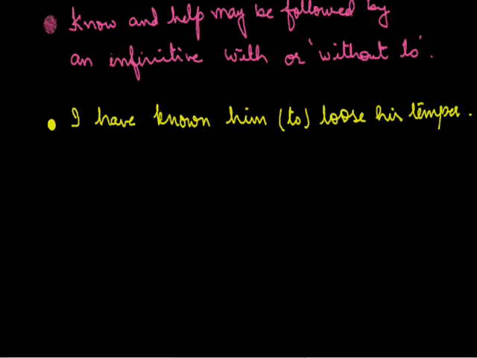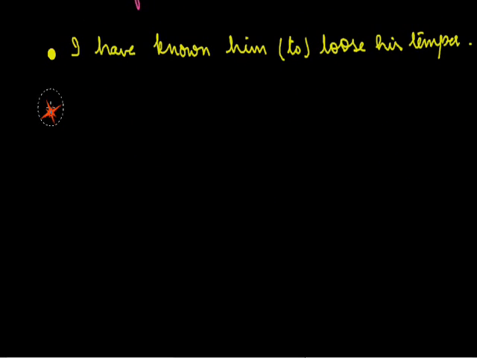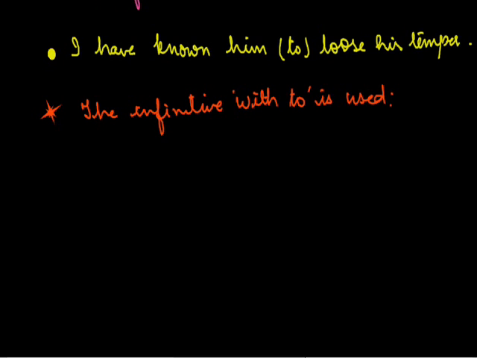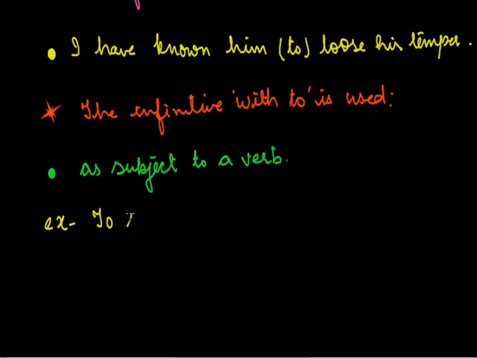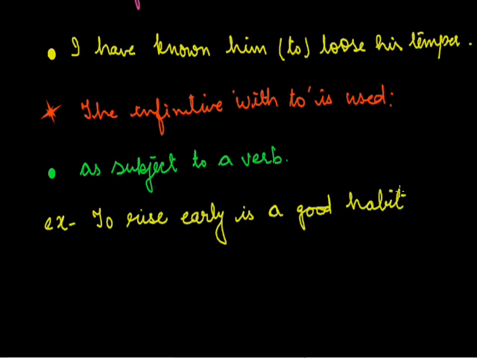Now we will do the infinitive with 'to'. The infinitive with 'to' is used, number 1, as subject to a verb. For example, to rise early is a good habit. Here, 'to rise' is an infinitive with 'to'.